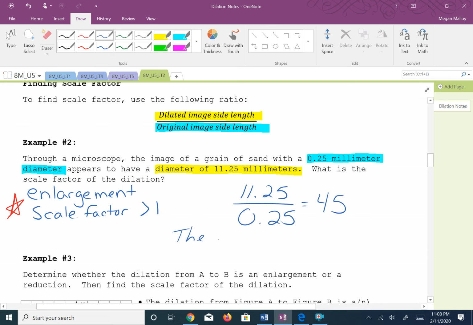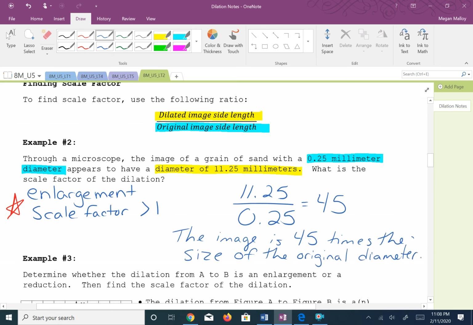So the image is 45 times the size of the original diameter. Which makes sense because, again, we had already told ourselves we were looking for an enlargement and the scale factor has to be greater than 1. So 45 definitely makes sense there.